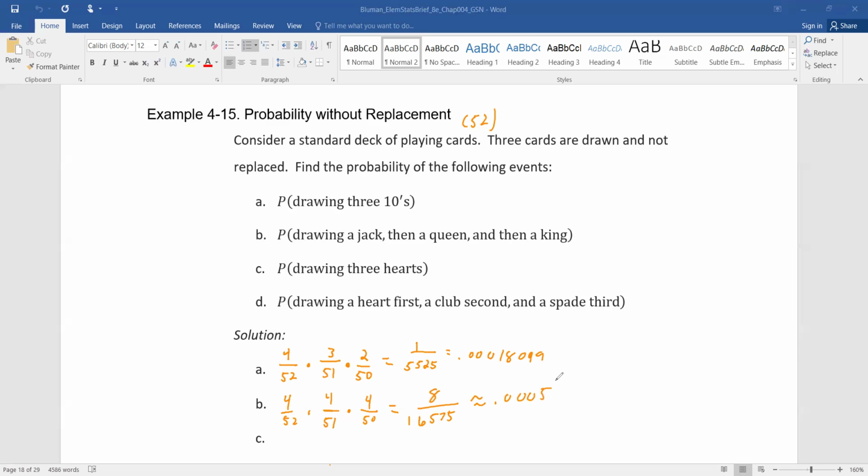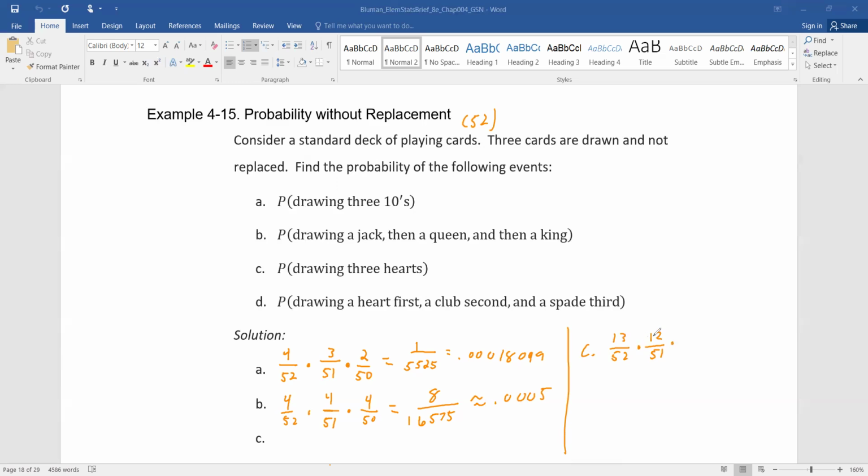All right, part C. Trying to do this all the same. Drawing three hearts. There are 13 cards in each suit, so that means there are 13 out of 52 cards. If I want the second one to be a heart, now there's 12 out of 51 hearts.